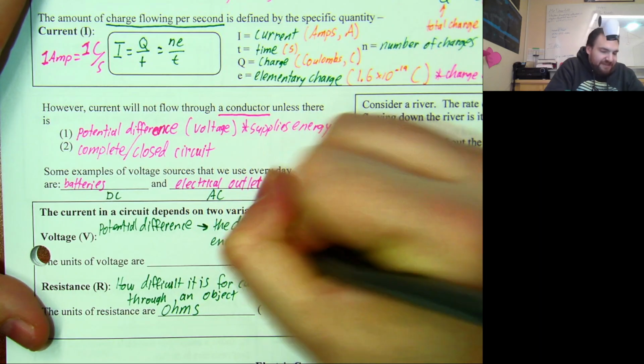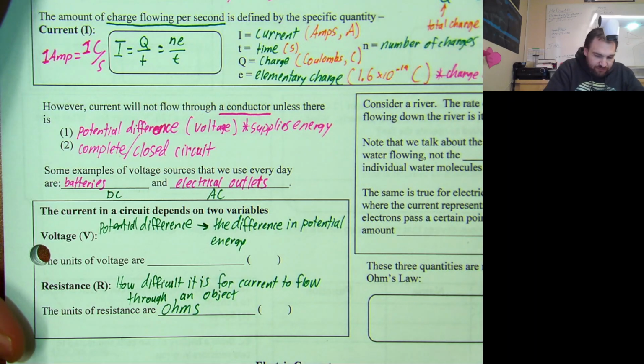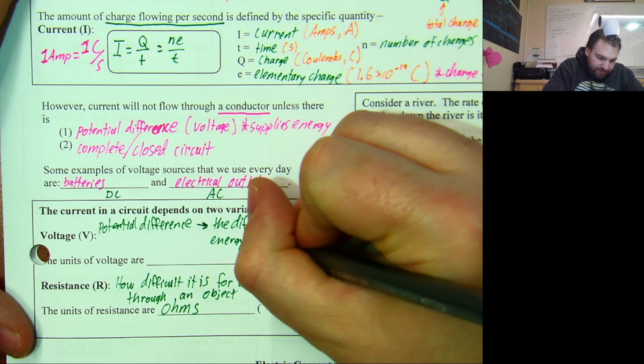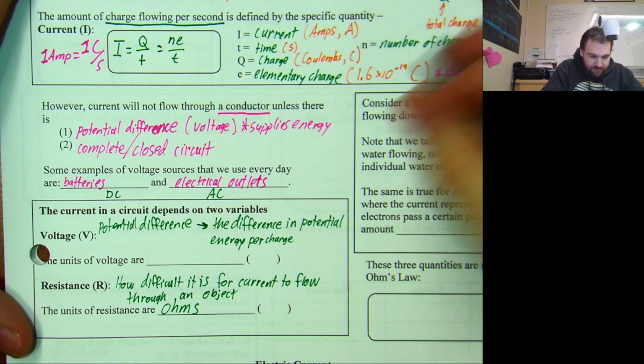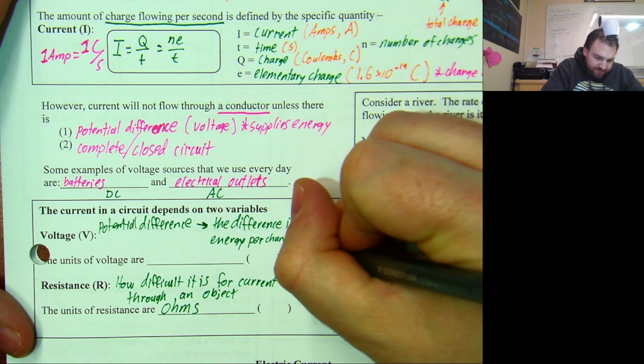In this case, the potential energy isn't gravitational, it's not spring, it's electrical potential energy. And so the potential difference is the difference in potential energy per charge between 2 points.